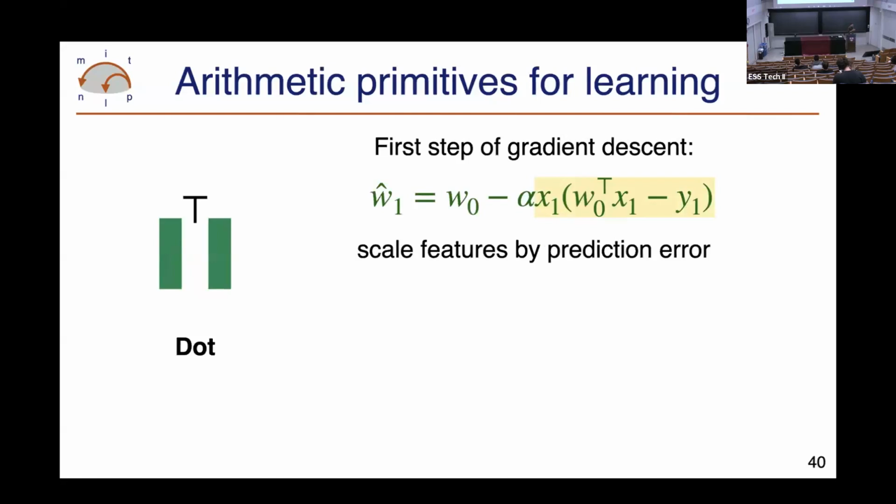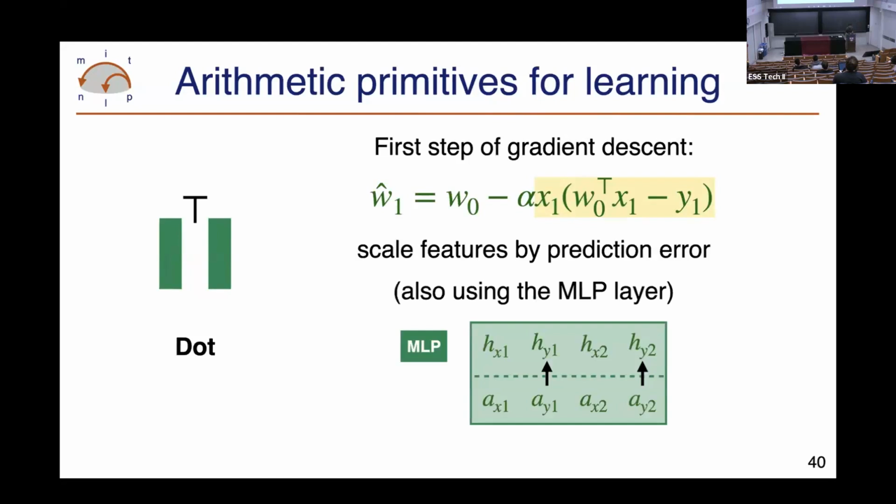And then the last thing, and the thing that turns out to be the fussiest piece of this, is computing dot products between pieces of these feature vectors or between feature vectors across time. You need this, for example, to scale your input by your prediction error when you're doing an SGD step. And it turns out that you can also do this by exploiting a bunch of very low-level details in the way these MLP layers are defined in practice for real-world transformer models.